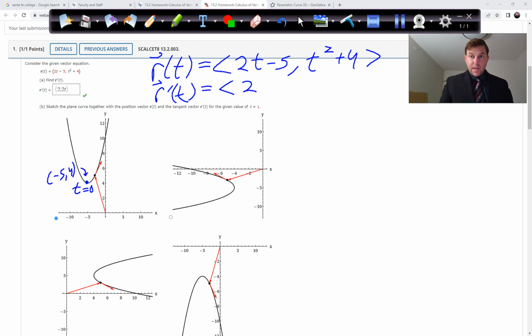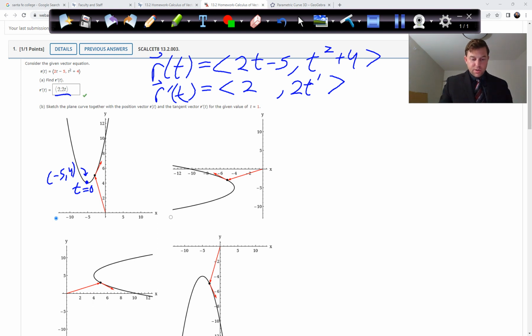The derivative of a constant without a variable on it is 0, so the -5 goes away. The derivative of a variable with a power is you bring the power down and then you subtract 1 from the power. And then the derivative of a constant like plus 4 is 0. So the derivative of this function is 2, 2t, right there.